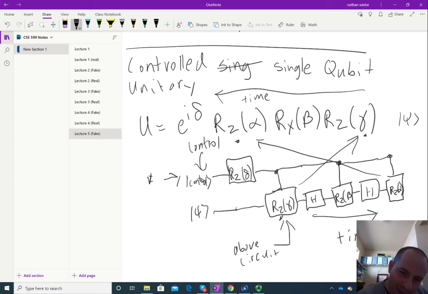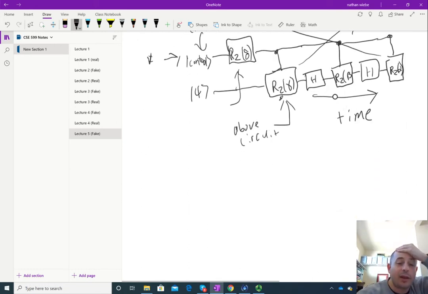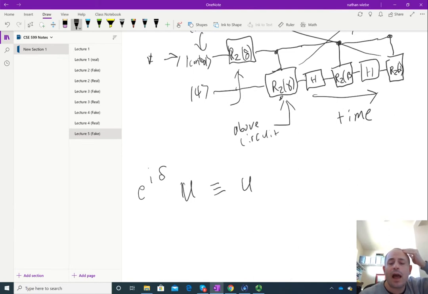Okay, great. The next thing I wanted to clear up is this thing. Now, you remember me saying that the global phase for every unitary is irrelevant. So e to the i delta U is equivalent to U. However, for a controlled operation, this isn't the case.